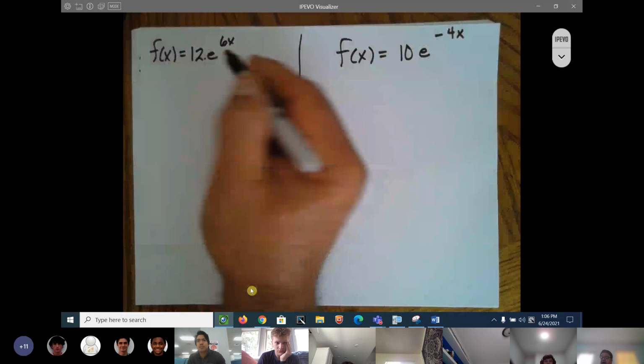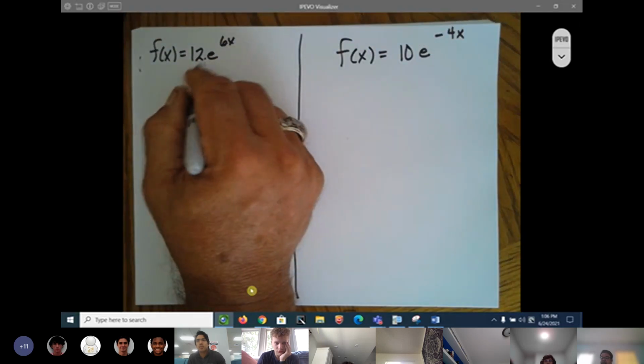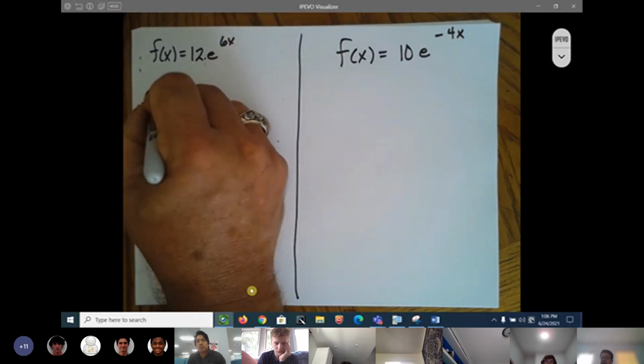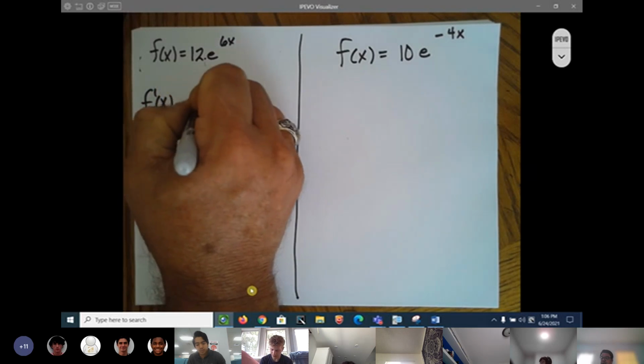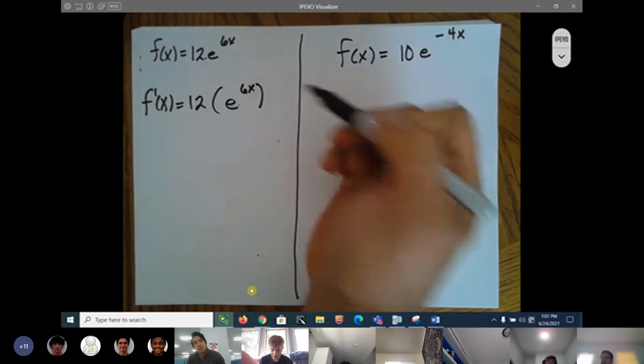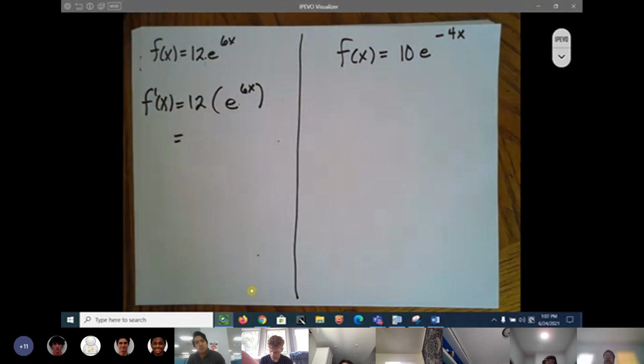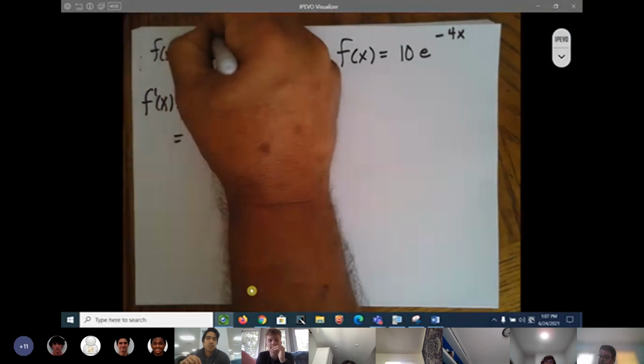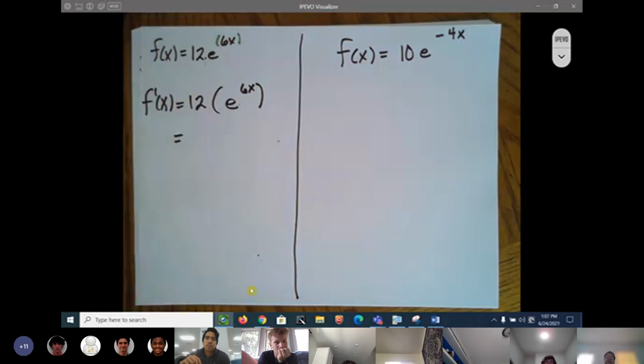You pull that 12 out and don't even fool with it. F prime of x is equal to 12, and just worry about e to the 6x. Now, what's the derivative of e to the power? E to the power. But we've got something other than x in the parentheses, so we've got to multiply using the chain rule.